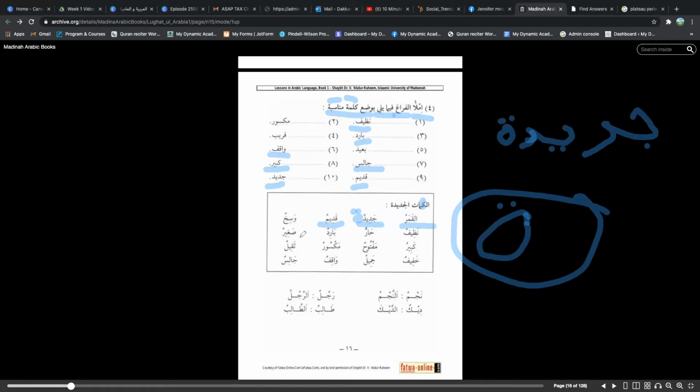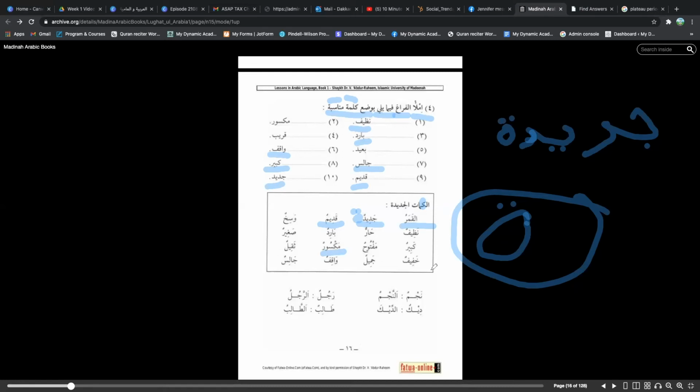When it's referring to someone's age, it would mean young. Likewise, kabir means big, but when it refers to age, like kabir sin, it means an old man. Maftuh is open. Its opposite, maksur, broken. Afwan, that's not its opposite. Maftuh and maksur, broken.